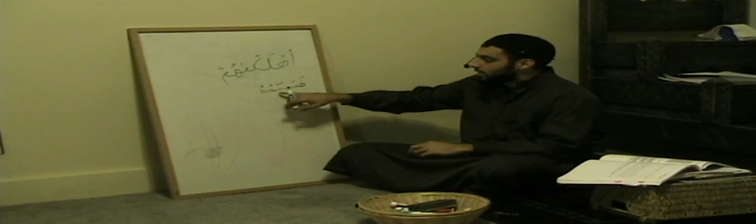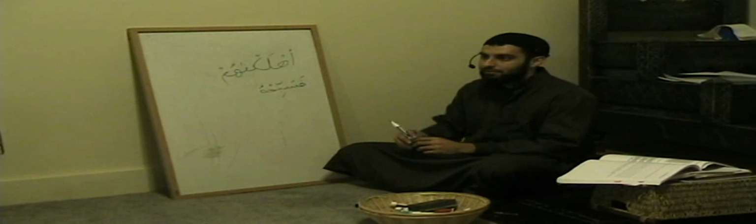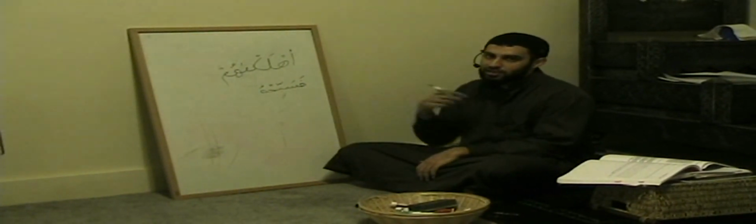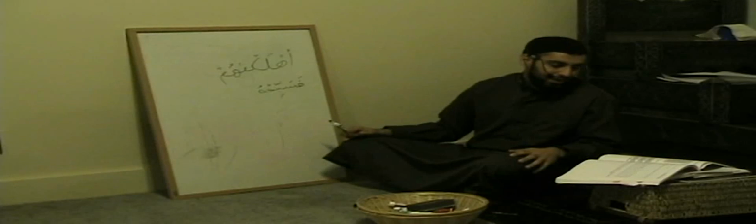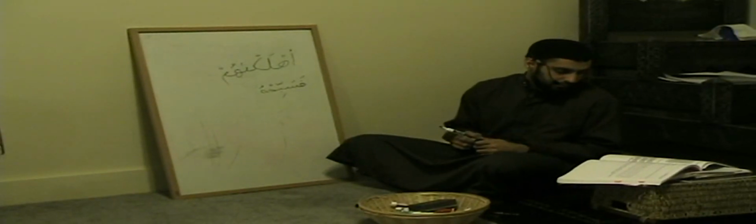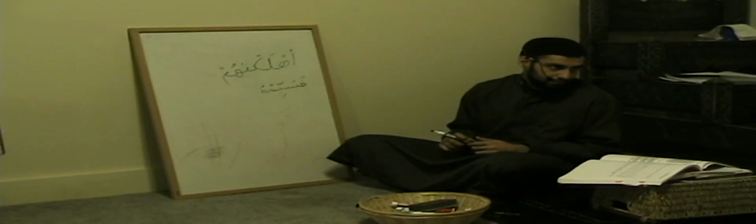Because what you'll do is you kind of blend the ha into the second ha. Some people say فَسَبِّحْهُ, and they won't give this ha its due. It won't be pronounced from its makhraj. So فَسَبِّحْهُ. Good.